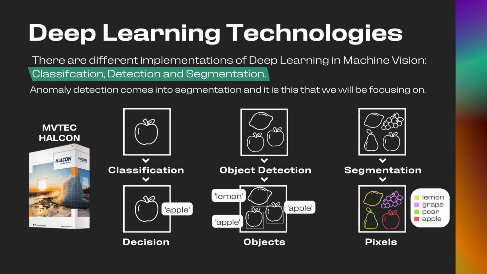One is classification, so distinguishing different types of objects that may have lots of variation in them. The second is detection of one type, and the third one is segmentation, and this is what we're going to be talking about today. So anomaly detection comes into the segmentation implementation. This is what we'll look at during the presentation.